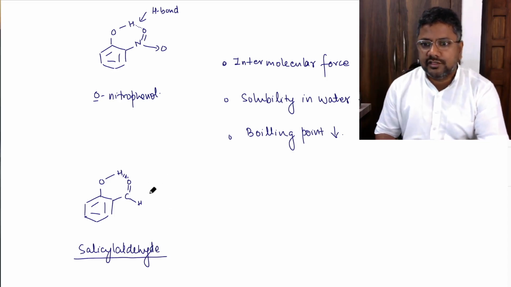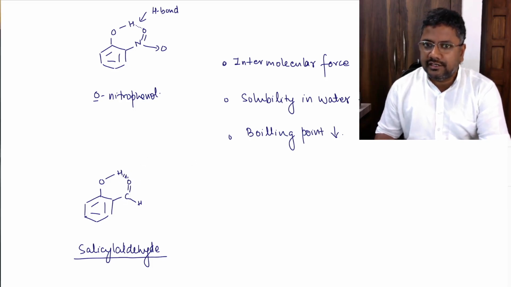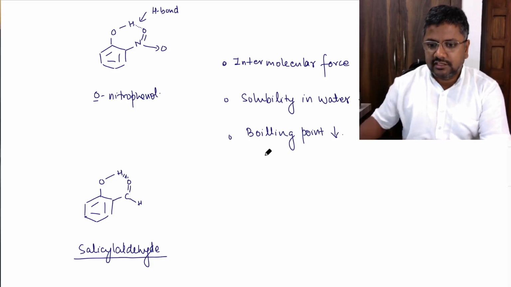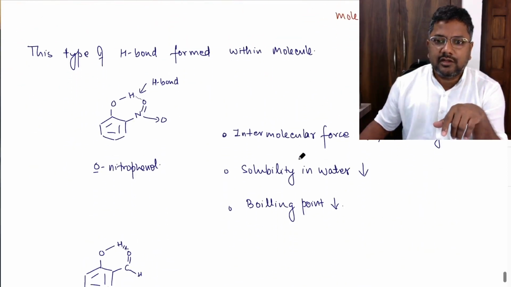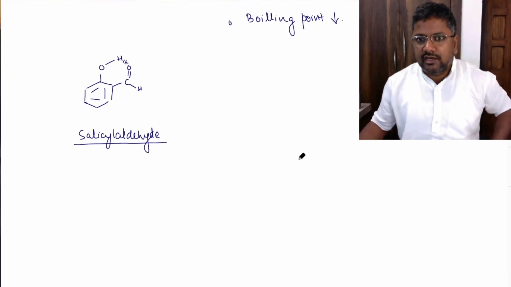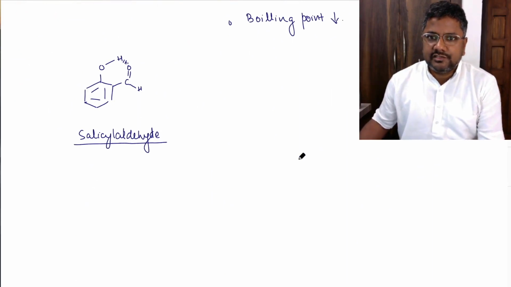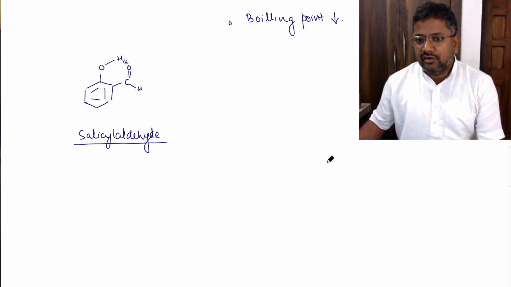Due to this, volatility increases and solubility in water decreases. So these are certain examples of intermolecular and intramolecular hydrogen bonding, and you know how the properties change with this. I think this is sufficient for hydrogen bonding, right?